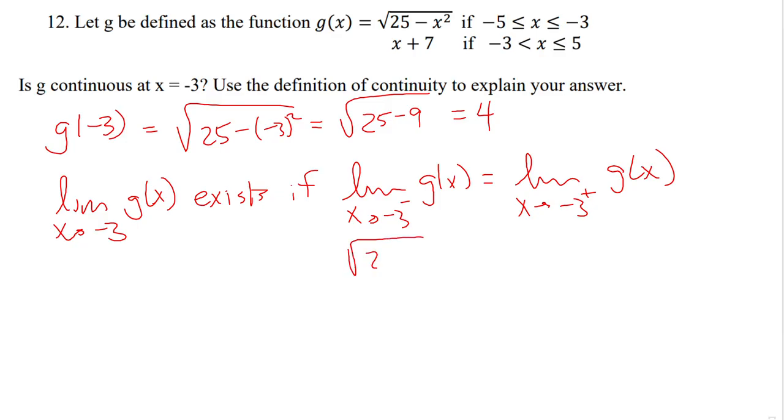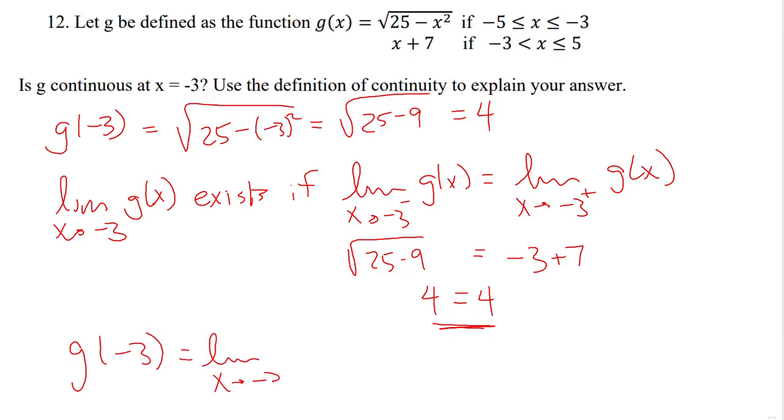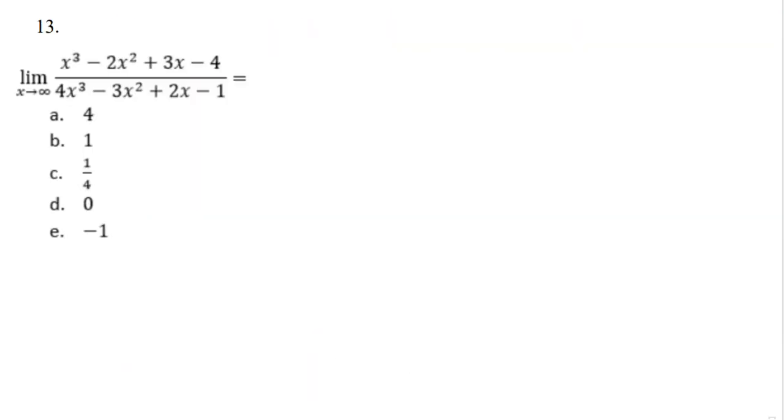That's the square root of 25 minus 9. And we need that to equal the limit as x approaches negative 3 from the right, which will be the other piece, negative 3 plus 7. So we just get 4 equals 4. So the limit exists, and that limit is equal to 4. And so we can now say that g of negative 3 equals the limit as x approaches negative 3 of g of x. So yes, it is continuous at x equals negative 3.